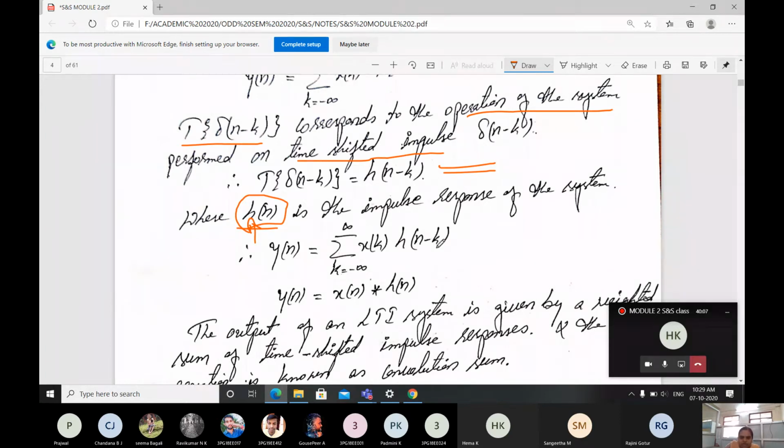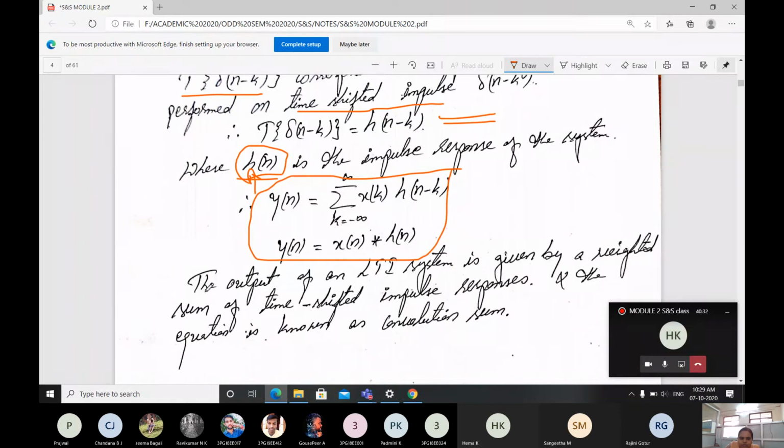Remember, this is the formula for the convolution. I can write this as y of n is equal to x of n, this symbol is a star, which we call convolution, with h of n.